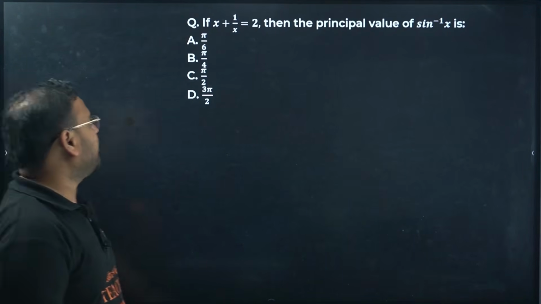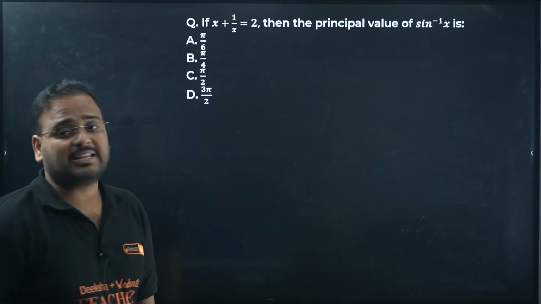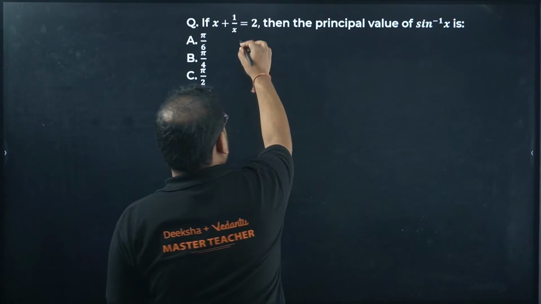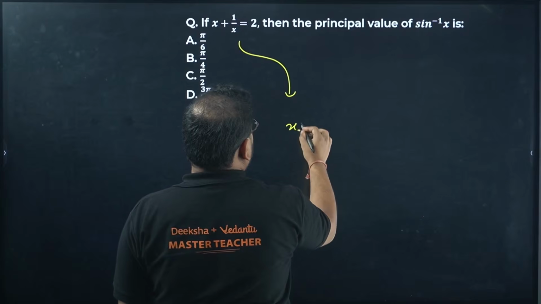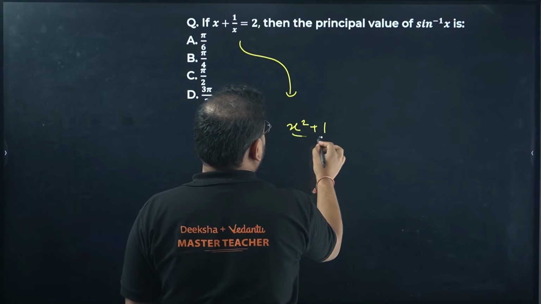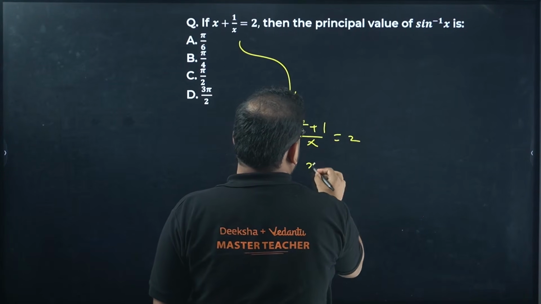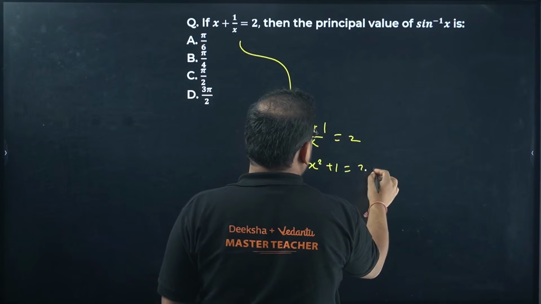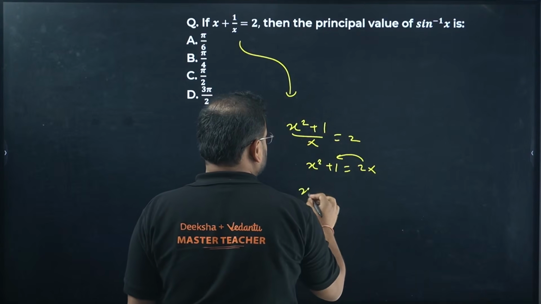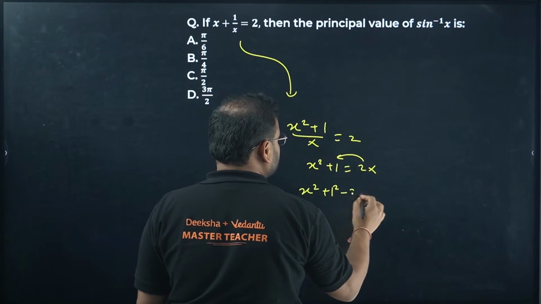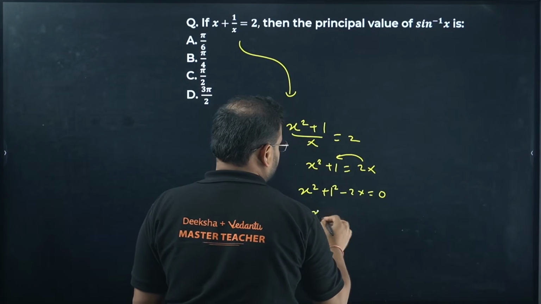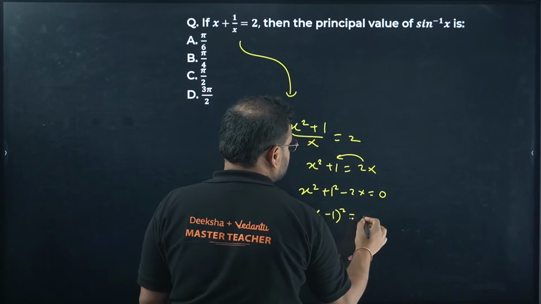X plus 1 by x equals 2. Then the principal value of sine inverse of x is what? Take here x square plus 1 by x is 2. X square plus 1 equal to 2x. X square plus 1 minus 2x is 0. X minus 1 the whole square is 0.